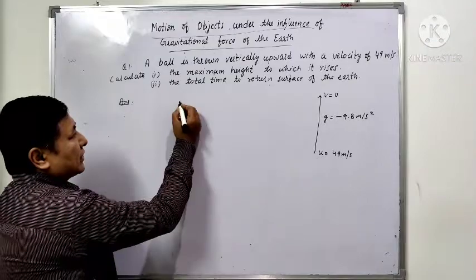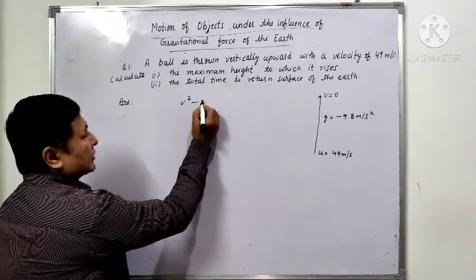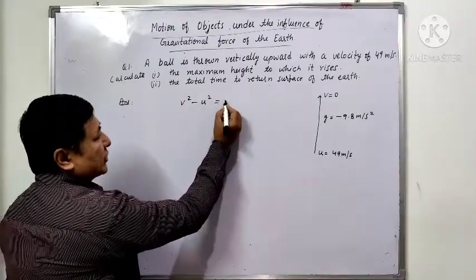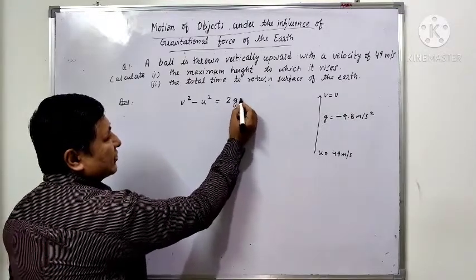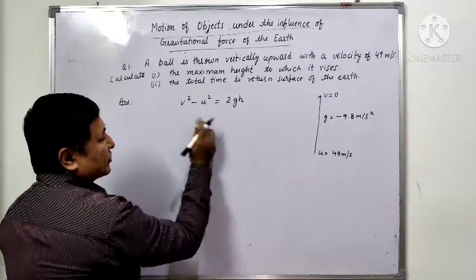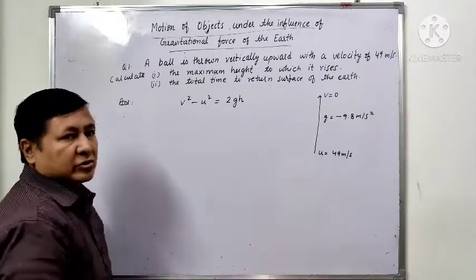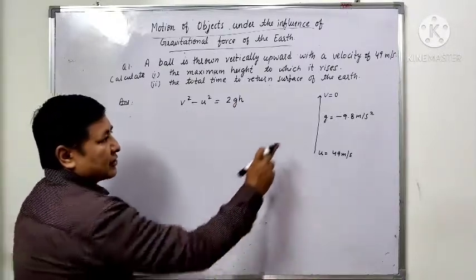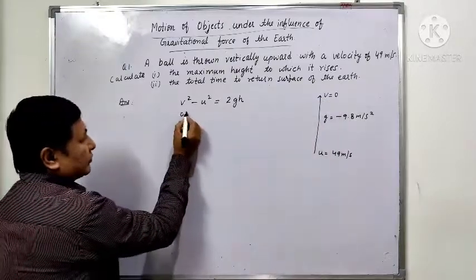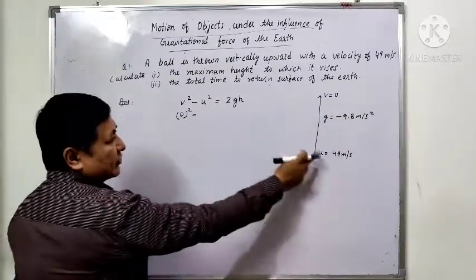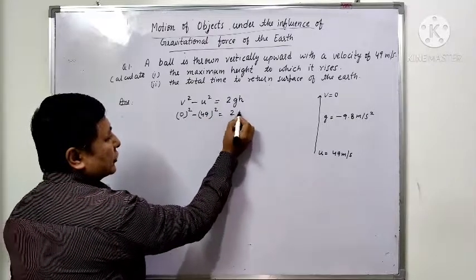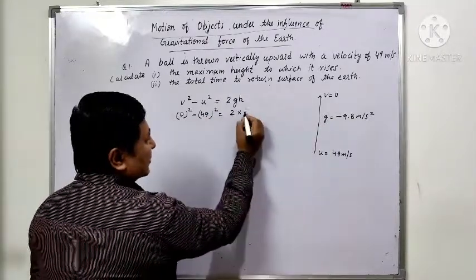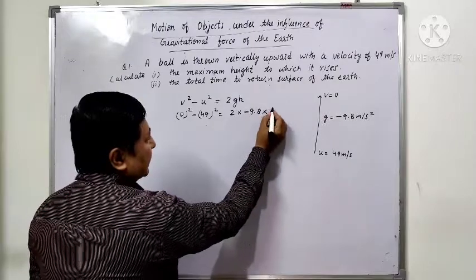Now we know the formula v square minus u square, this is the third equation of motion, equals 2as. So instead of a we write g, and instead of s we write h. So the formula is v square minus u square = 2gh. Now what is the final velocity? 0. Initial velocity 49. So minus 49 square = 2 into minus 9.8 into h.